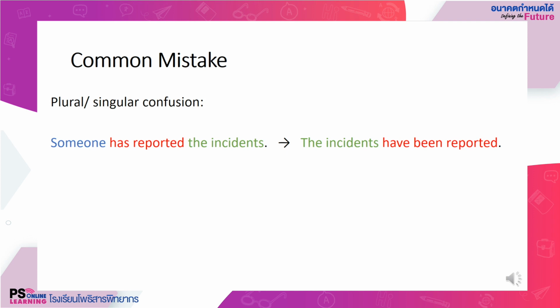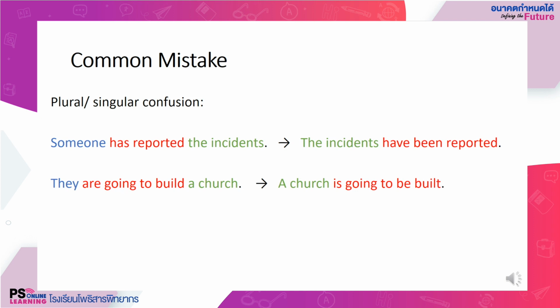The verb has changes to have in passive form. They are going to build a church. Are going to build a church is plural because of they. But when we are using a church in the passive voice, it is a singular noun, so we should change are to is. A church is going to be built.